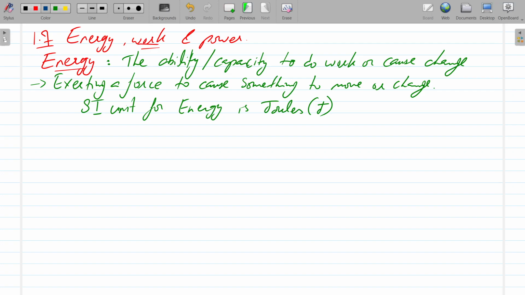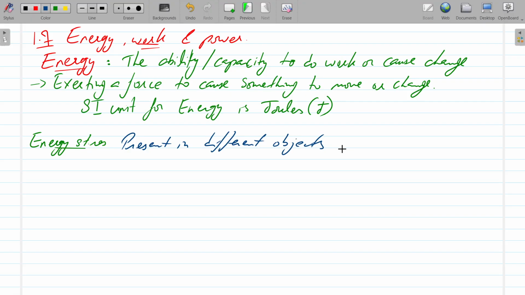Now, to start off, we're going to talk about energy stores. So, energy, that ability to do something, is present in different substances, different objects. It's not chemistry.